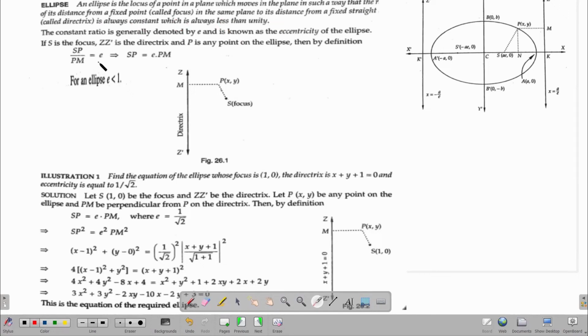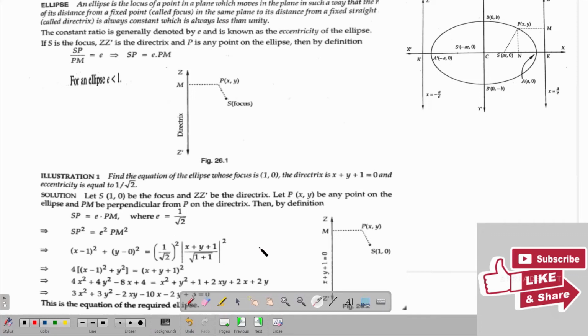Or in other words, we can say that SP upon PM is equal to e, where SP is the distance, S is the focus, and P is the moving point (x, y).